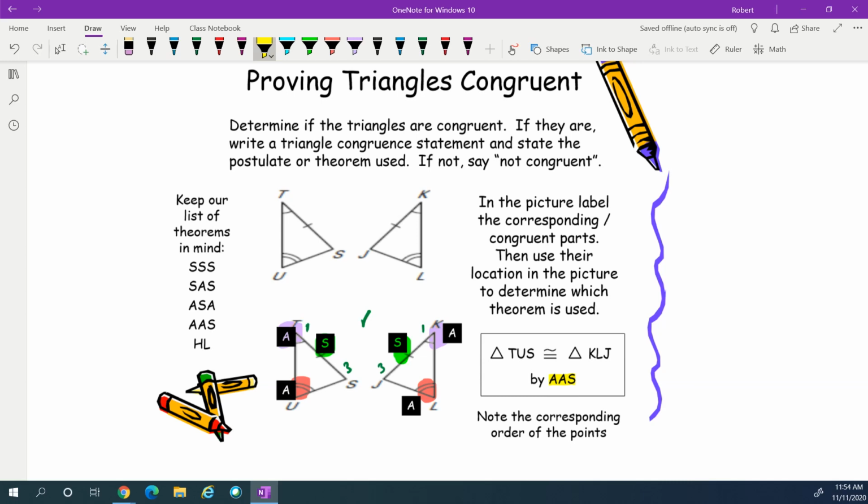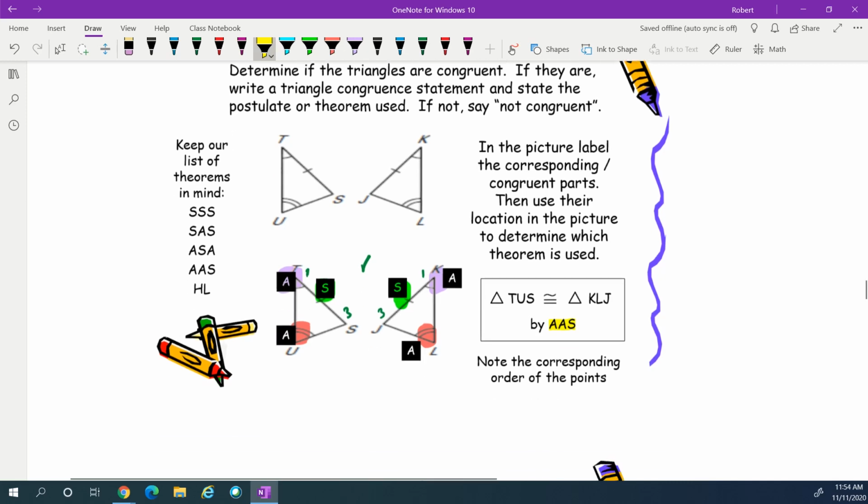It has to be the corresponding side. In this case, it was the side connecting angle 1 to angle 3, or the third angle of the triangle. Now, look at the difference in the next example.